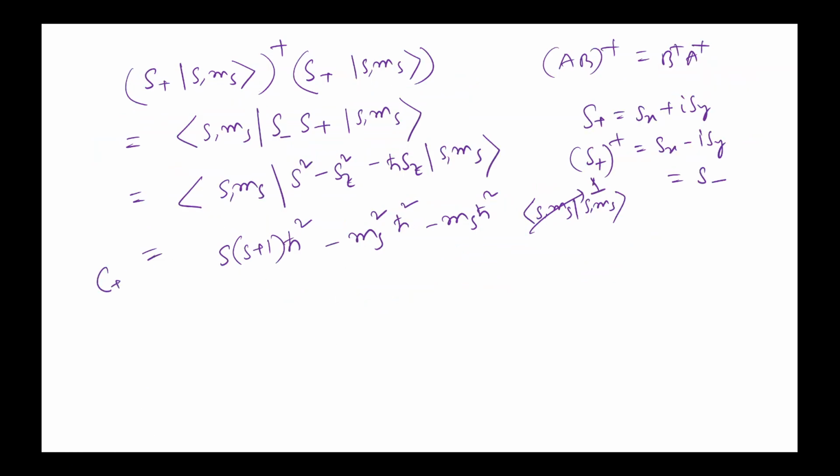So mod C plus square is equal to this, right? We can take h cut square common, and S(S plus 1), and here you can take ms common, so you have ms(ms plus 1).